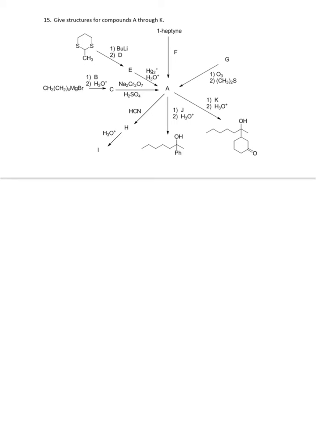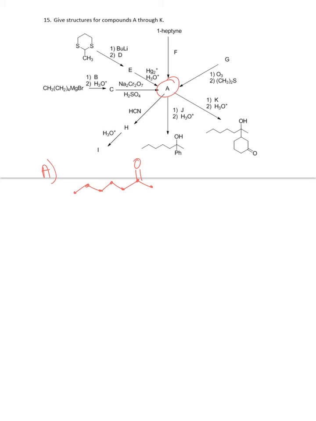So let's see what we can do here. Okay, so structure A. When you work it out, A has 7 carbons.